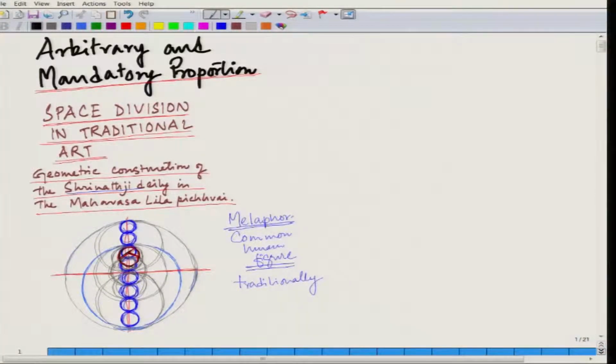So, we get to see the face of the idol placed somewhere here, and the rest of the body follows a proportion which is very unique.